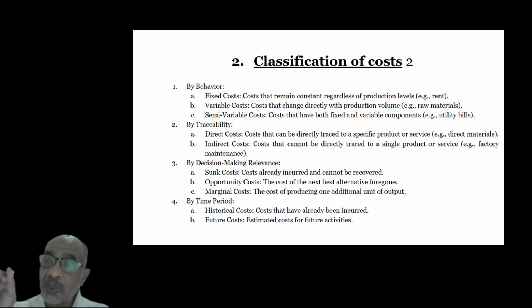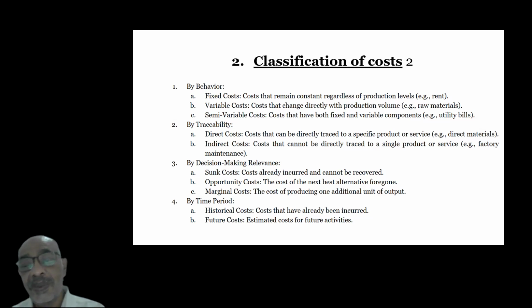If you produce 1 unit, you will spend 50 grams: 15 for sugar, 35 for wheat. If you produce 20 units, it will be 1,000 grams, 1 kilo. Why?